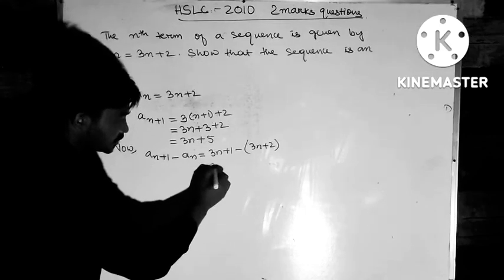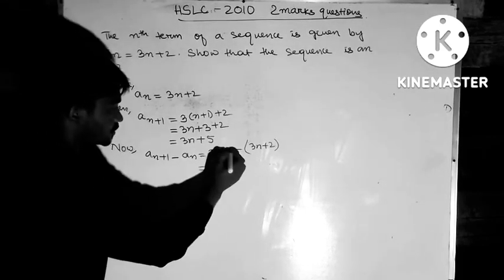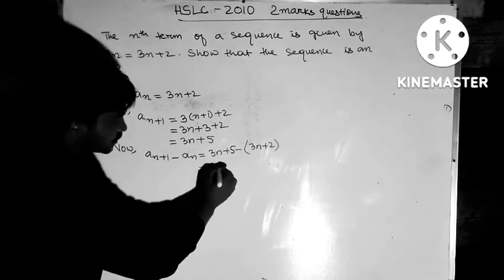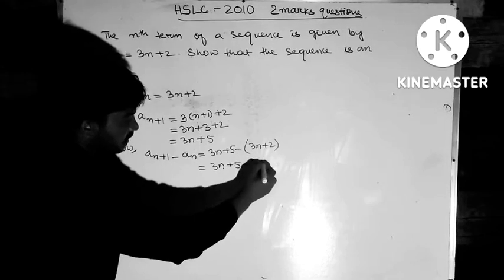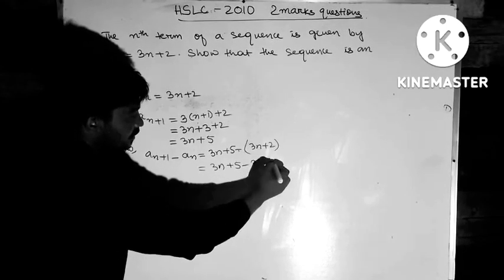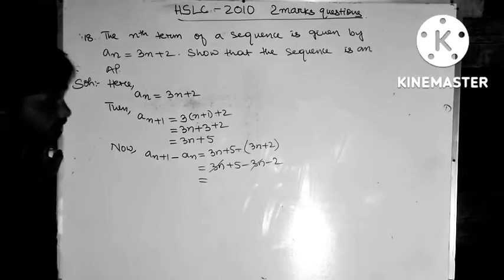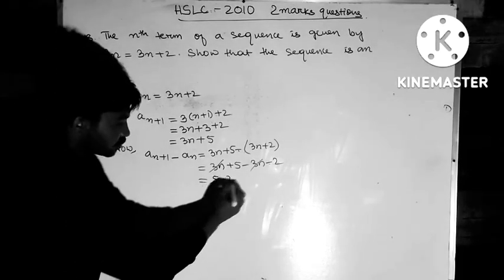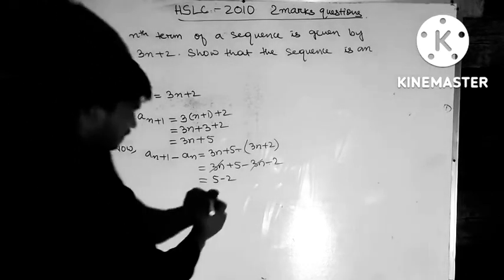So 3n plus 5, plus minus is minus, 3n, plus minus 2. Yes or no? So 3n and 3n cancel. We have 5 minus 2, which is equal to 3, which is constant, right?